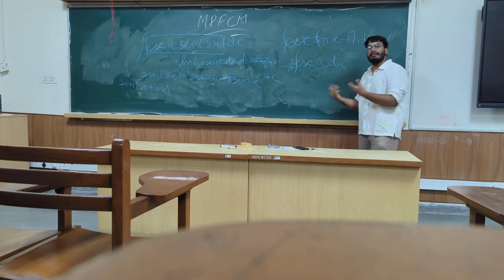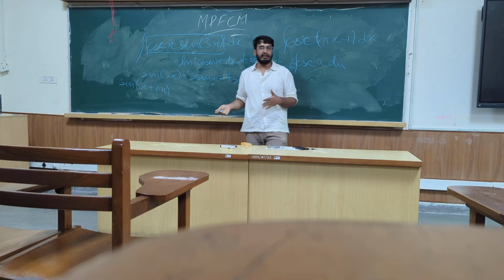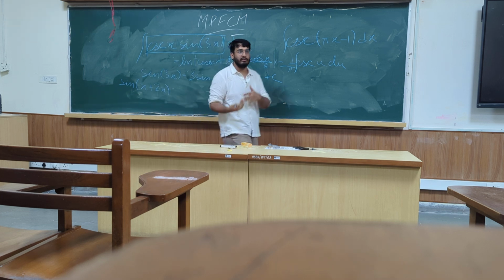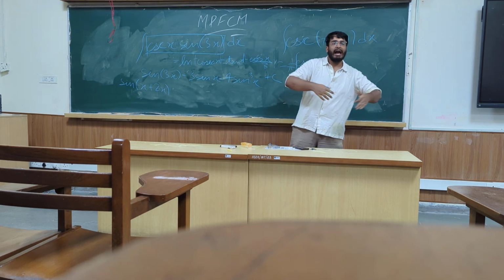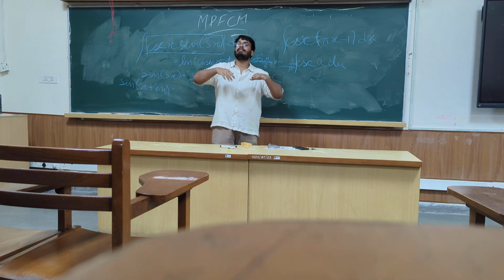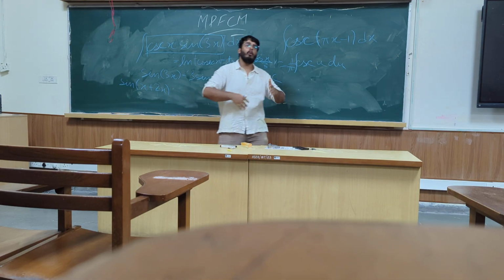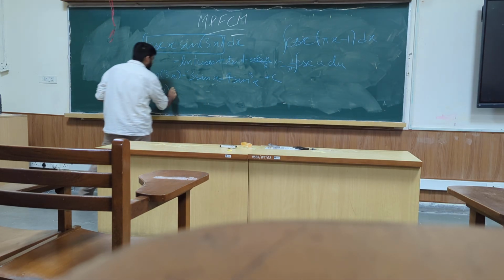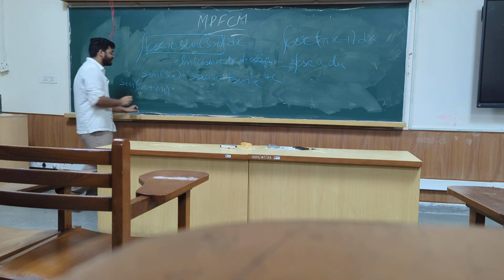You are going to get sine 2 theta and cos 2 theta. Yet again you use the same identity twice, and you change sine 2 theta to 2 sine theta cos theta, and you change cos 2 theta to 1 minus 2 sine squared theta. And in case you are confused, I'll do that for you right here.